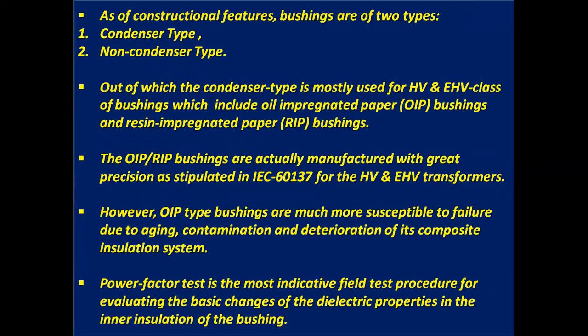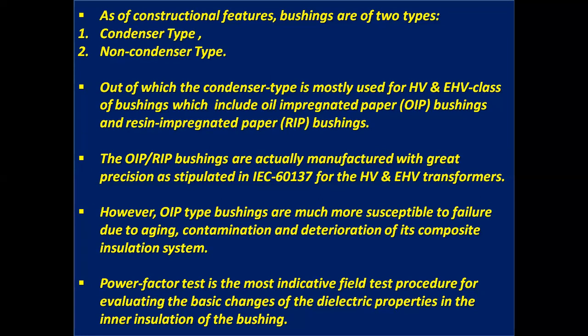As for construction, there are two types of bushings. One is condenser type and the other is non-condenser type, out of which the condenser type is mostly used for HV and EHV class of bushings, which include oil impregnated paper, that is OIP bushings, and resin impregnated paper, that is RIP bushings.